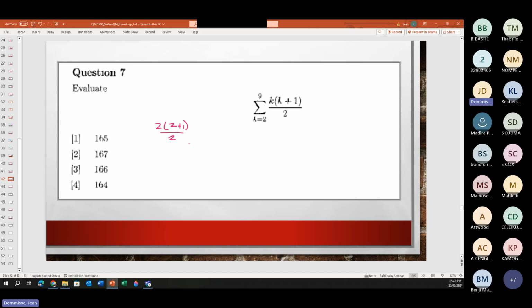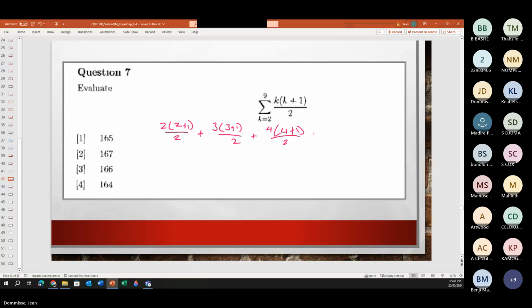2 times (2 plus 1) divided by 2, then for k3, k4, k5, k6. Okay, so I wonder if there's a shortcut to this.